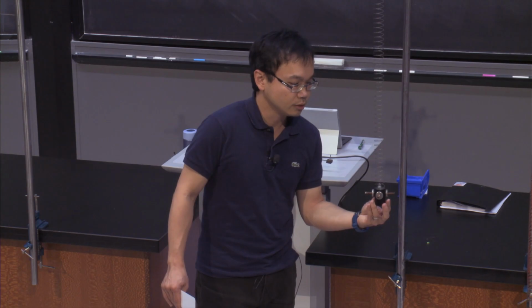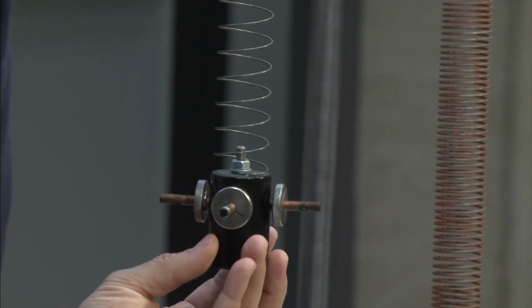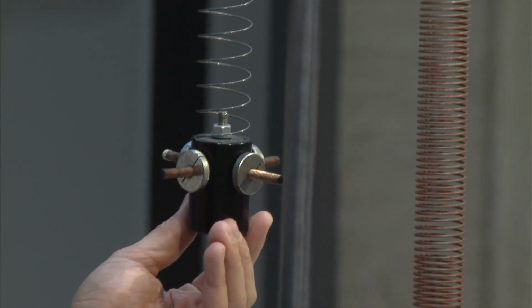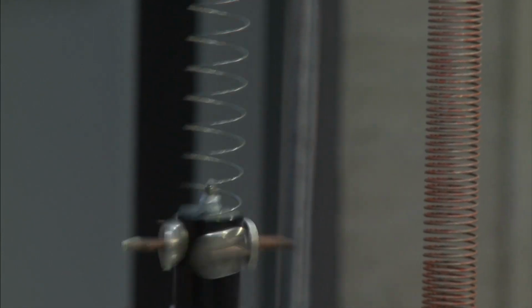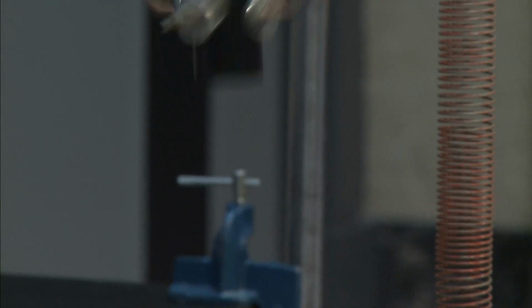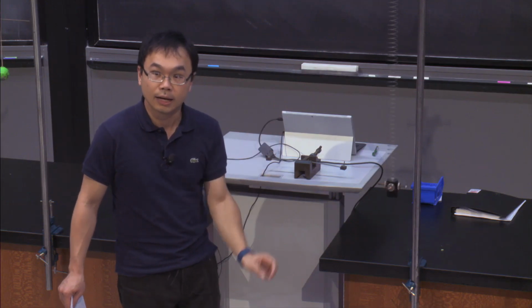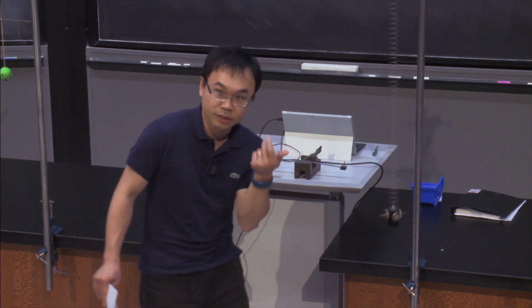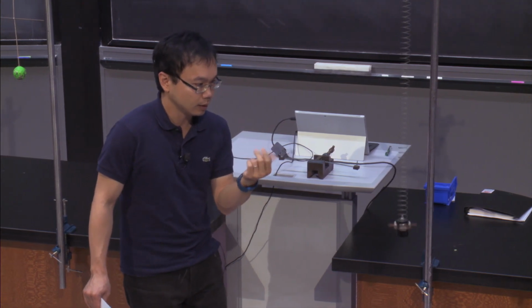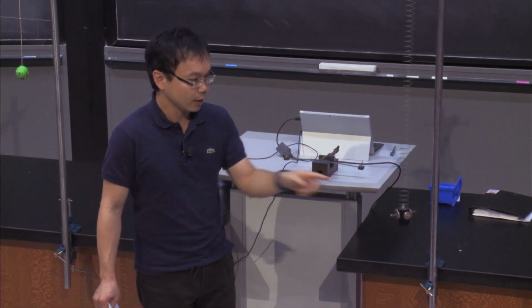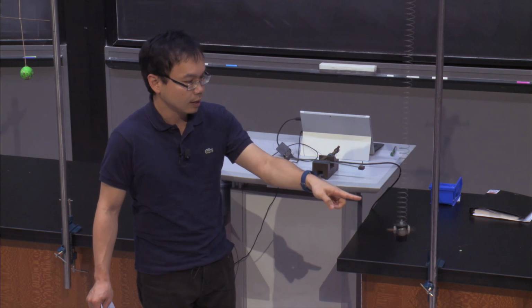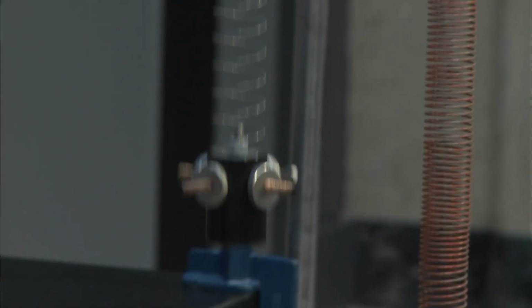The interesting thing is that if I just start with some rotation, you can see that it starts to also oscillate up and down. Initially, I just introduced a rotation. Now it's fully rotating, and now it starts to move up and down.